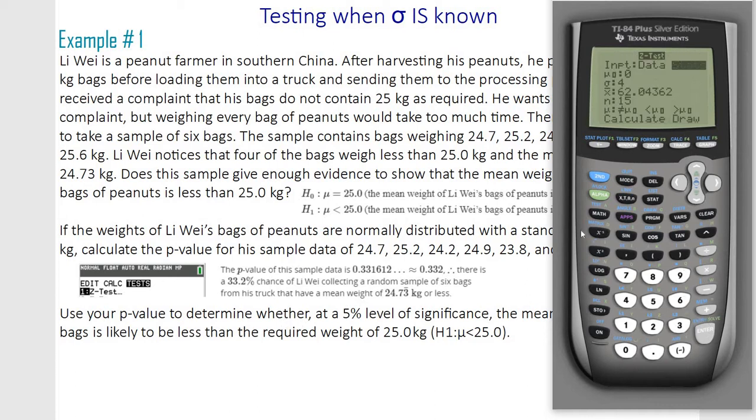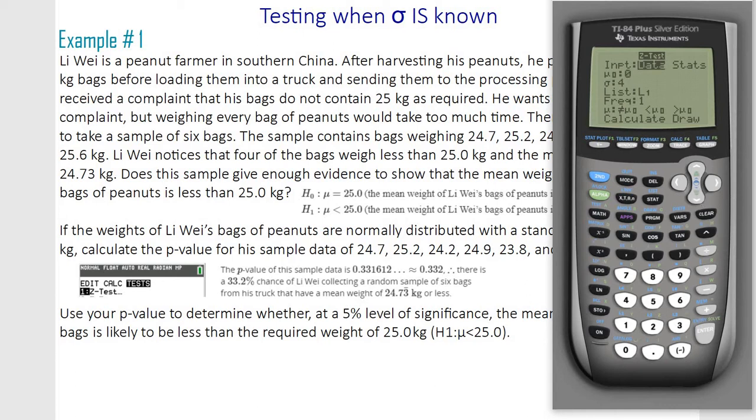We have the data, so we've got to use data, which means I've got to input the 6 samples into list 1.